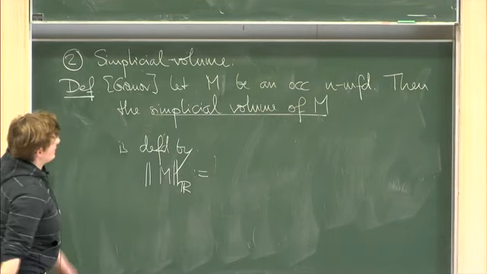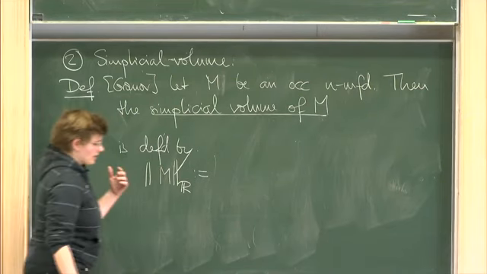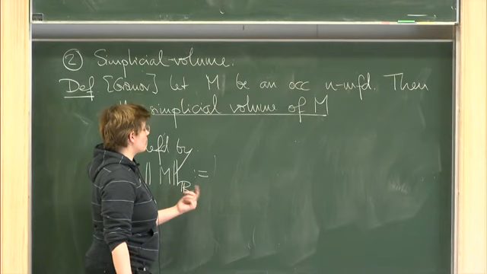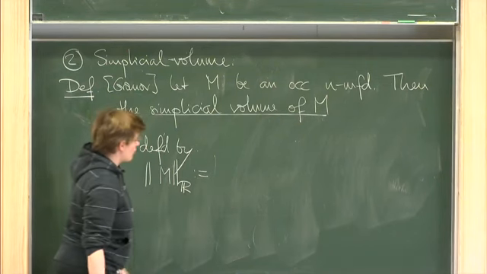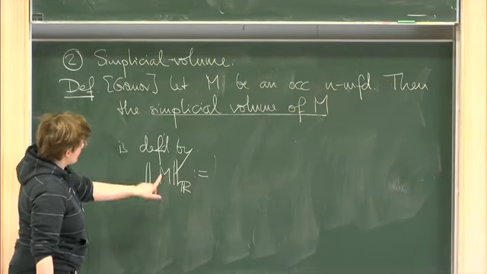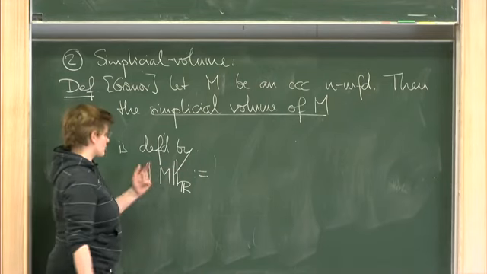What do we do? Well, we have this one norm on the singular chain complex. And then we have already seen, at least for classes in bounded cohomology, that you can associate a number to a class just by optimizing over all cycles in that class. And we will do that. And if you have a manifold, then there is a distinguished class, namely the fundamental class. So we just do that.